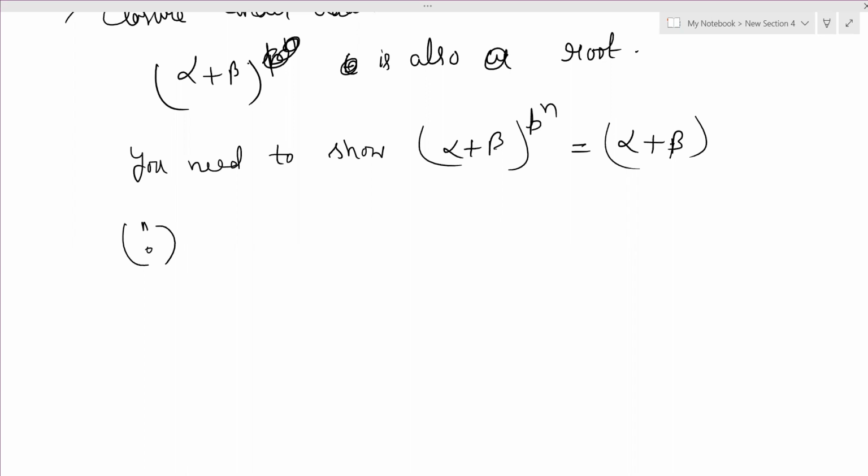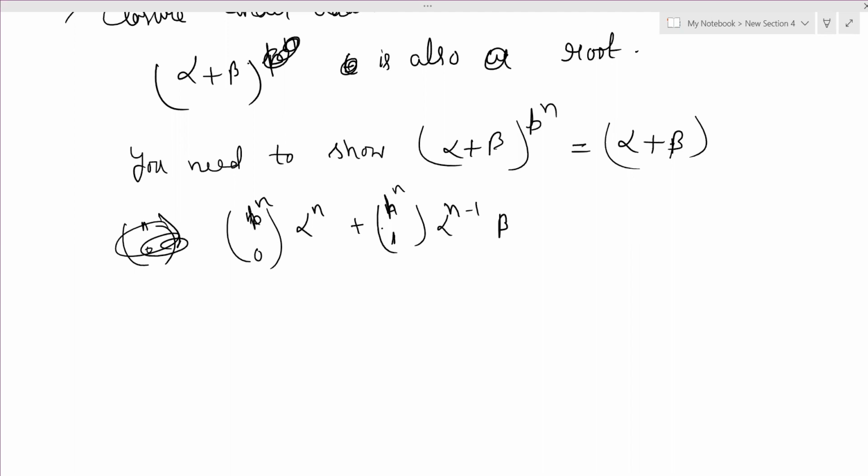N choose 0 alpha to the power p to the power n, plus p to the power n choose 1 alpha to the power p to the power n minus 1 beta, and so on, plus p to the power n choose p to the power n beta p to the power n.